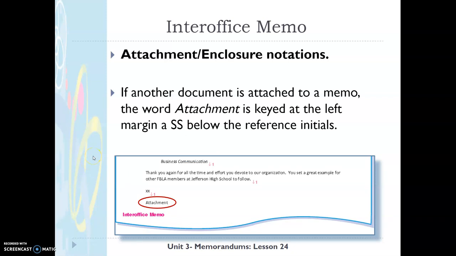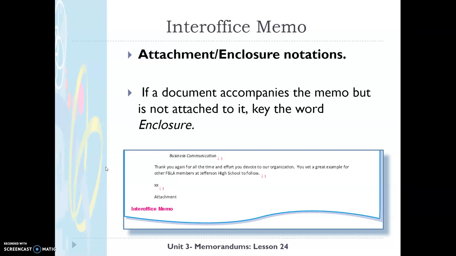Underneath that, there is also an area for an attachment or an enclosure. If you see an attachment notification underneath the reference initials, that means there will be an additional document attached, stapled, or paper clipped to this memorandum. That document is what is referenced in the memorandum for the reader to refer to.